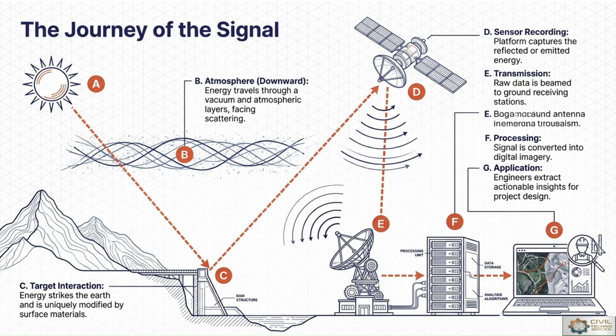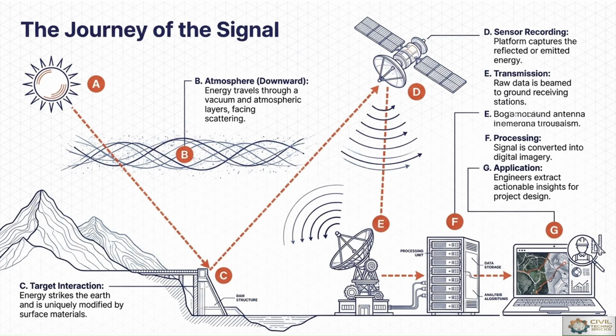The third one, C, is the target, just like any dam structure, selected to collect the information. The energy strikes the earth material or any object and is uniquely modified by surface materials. At the same time, for the incident energy from A to C through B, some energy is absorbed and some energy is reflected.